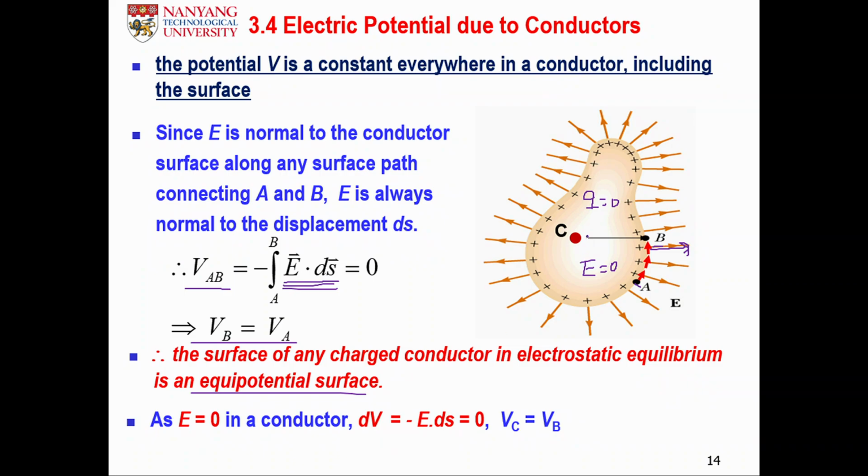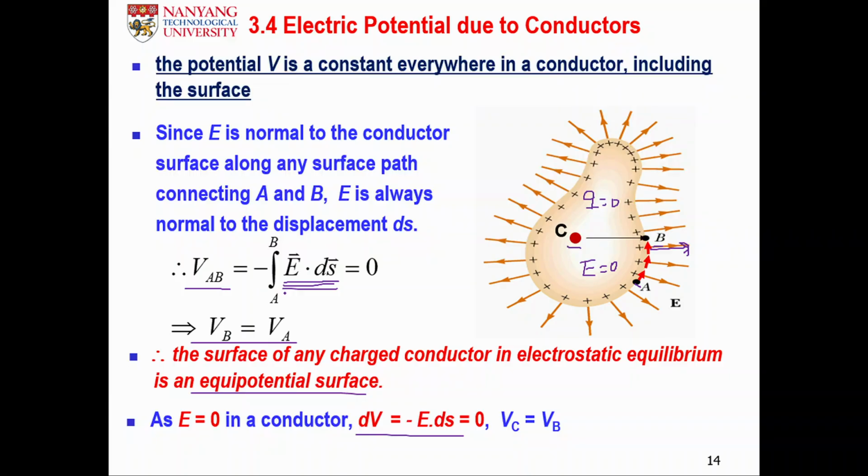And how about inside the conductor? If we look at a point C inside the conductor, and we try to derive the potential difference between C and B, then it's going to be like this, right?